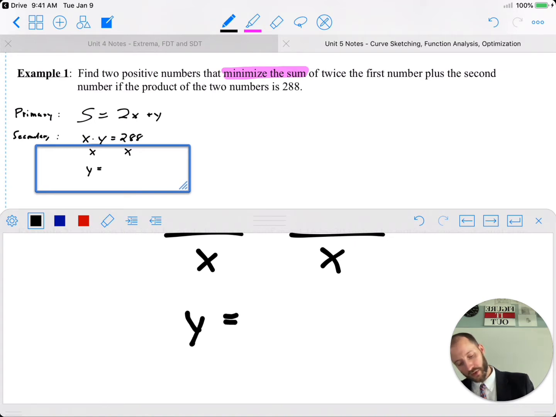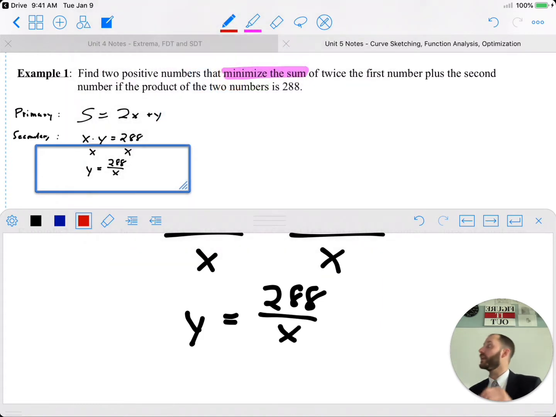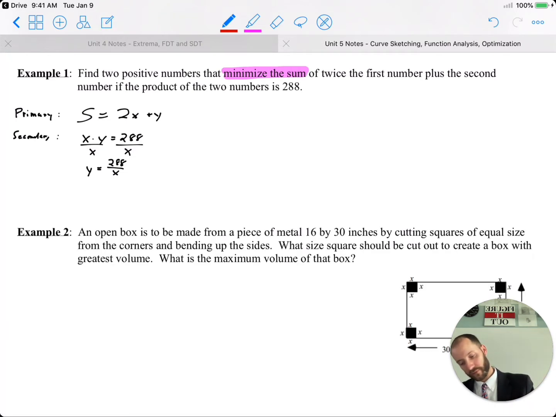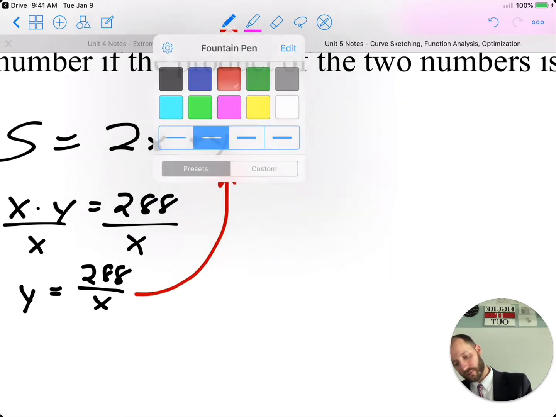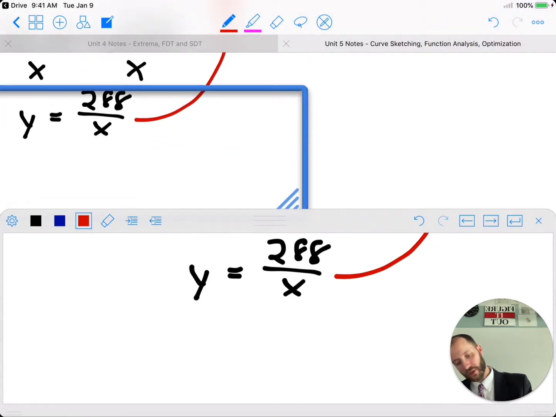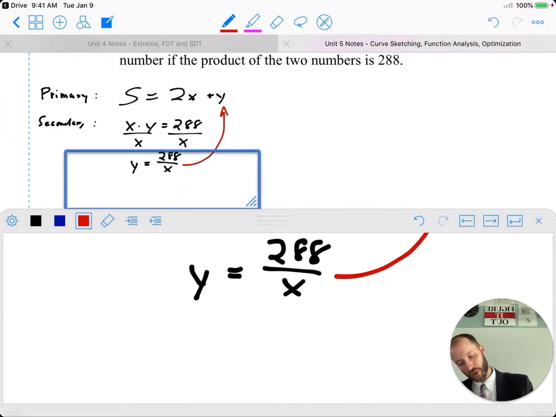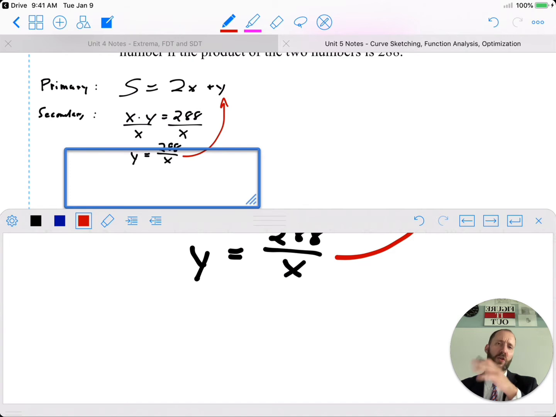y equals 288 divided by x. And then use that, substitute it into your primary. So plug that in for y. I want to write it down here, though it's kind of sloppy, not going in a very linear path, kind of skipping around.